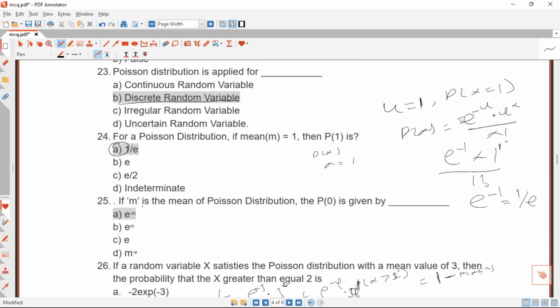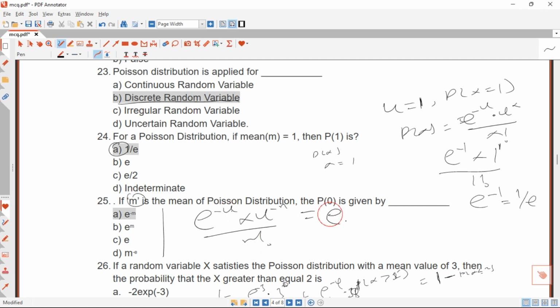It says, if m is the mean of a Poisson distribution, then P of 0 is given by what? Here our mean is given as m, so we are not going to replace mu by any number, it's going to be m. If you have e raised to the power negative mu times mu raised to the power x divided by x factorial, our mu is given as m.